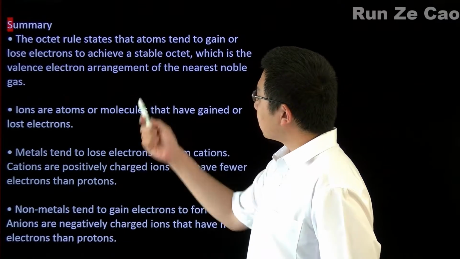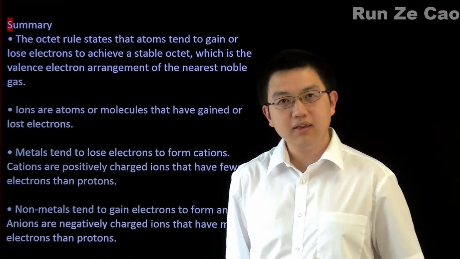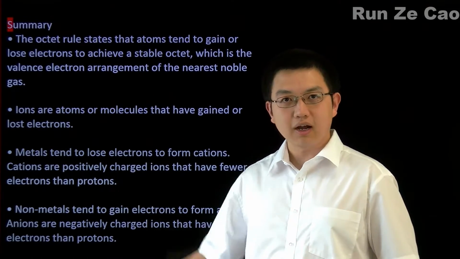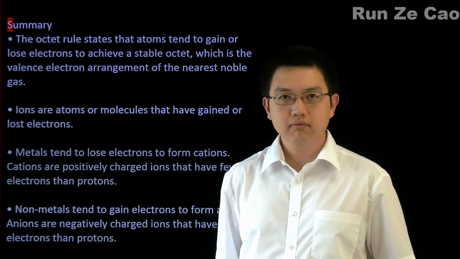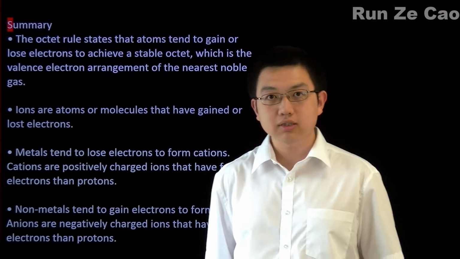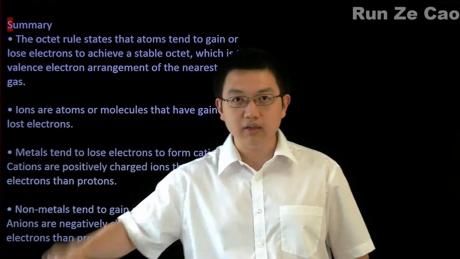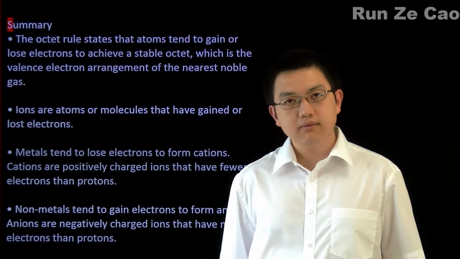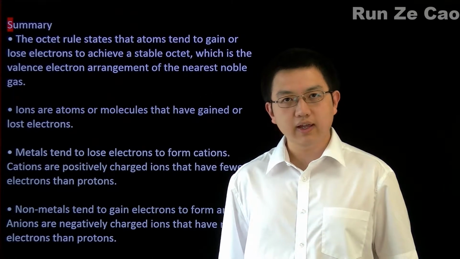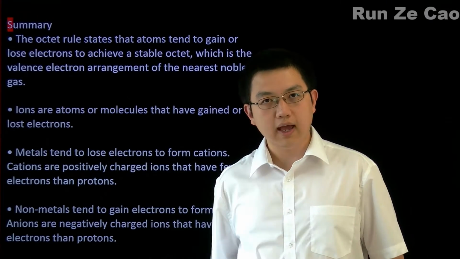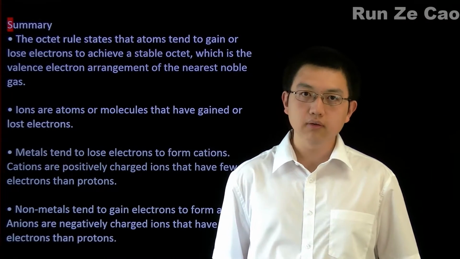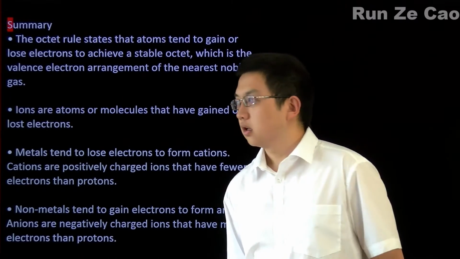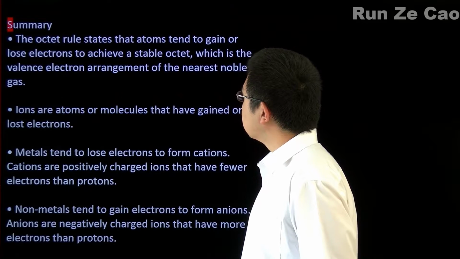In summary, the octet rule states that atoms are happiest, i.e. they prefer to reach a stable octet, i.e. 8 valence electrons. Why? Because this is the valence arrangement of the noble gases, which are, as we know, unreactive and therefore stable.